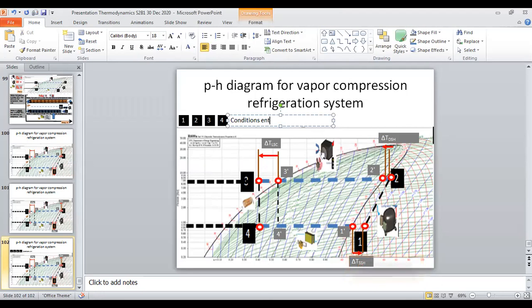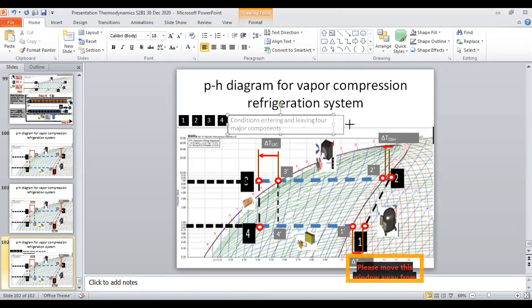Conditions means pH conditions. So entering and leaving. Okay. Leaving for major components.